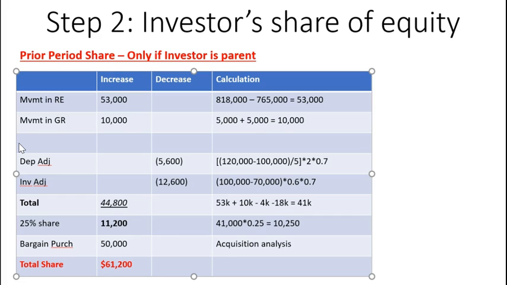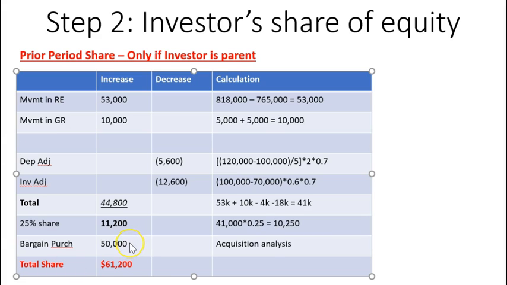So by recognizing this $50,000 bargain purchase amount in our share of prior period equity, it ensures that we reflect the value of our investment at the amount of net assets that we actually received, because we will put this $50,000 bargain purchase into our equity and we'll be increasing our investment account by the same amount. So it makes sure that our investment account appropriately reflects the fact that we acquired $50,000 more of net assets than what our initial cost recognition reflected.